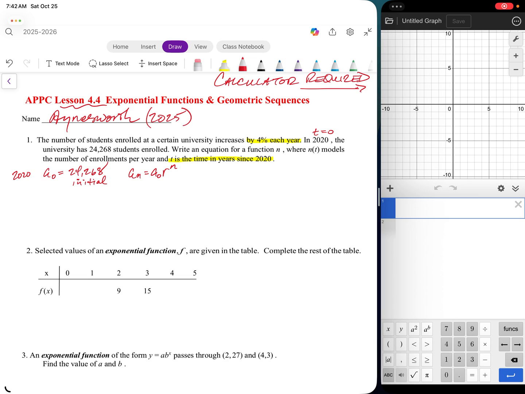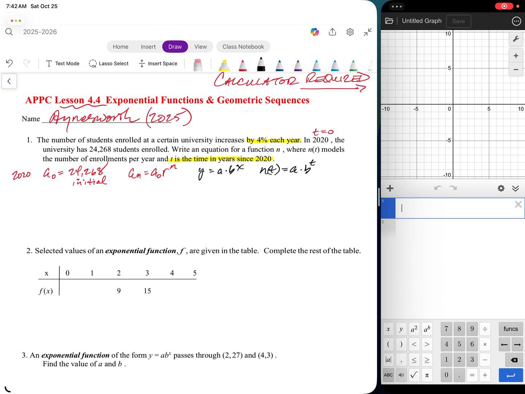If you want to write it as a function, y is equal to a times b to the power of x, or you can use function notation, n of t. So n of t is equal to a times b to the t power. You have to use the correct function or sequence formula for this model.